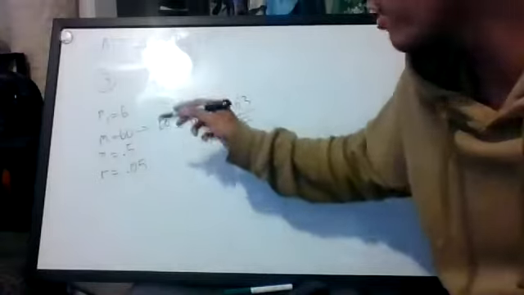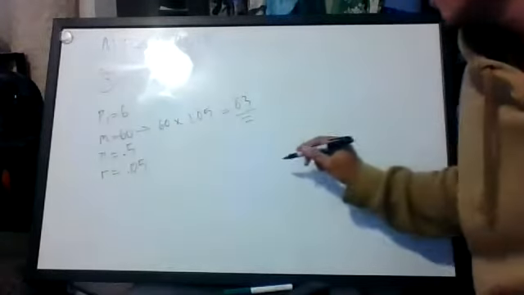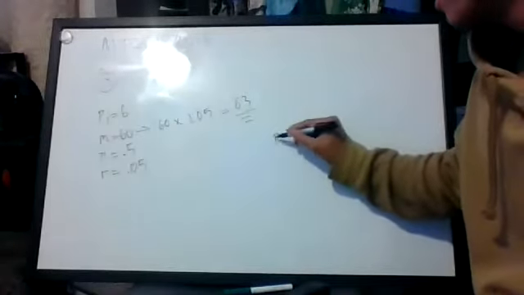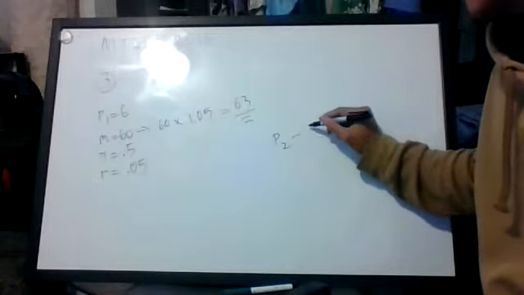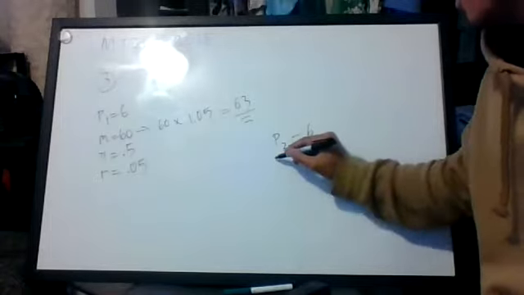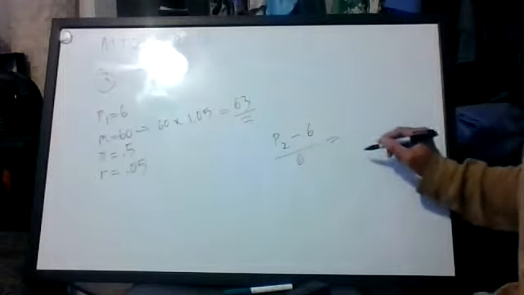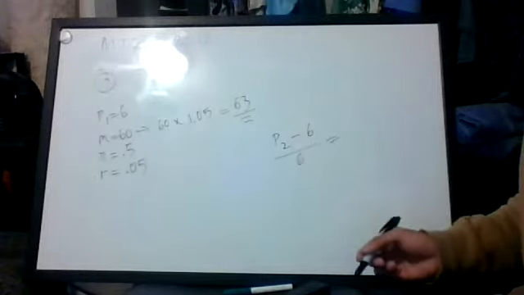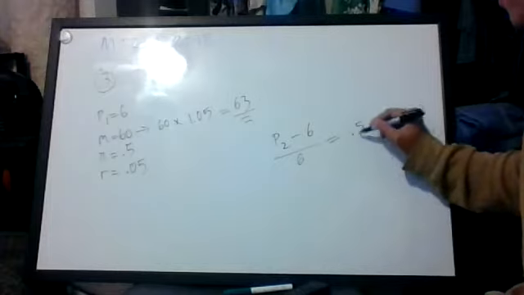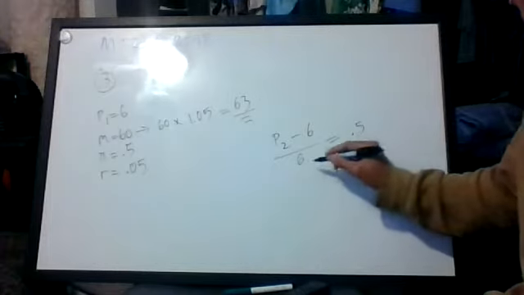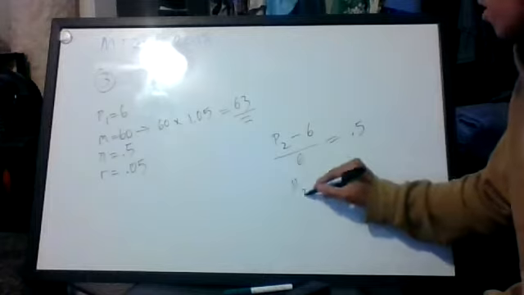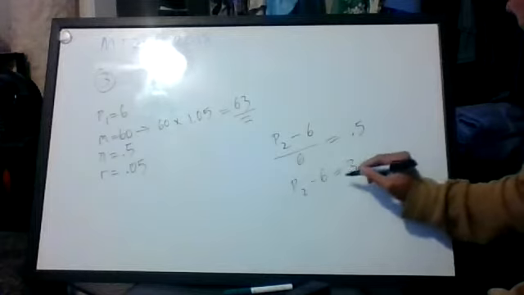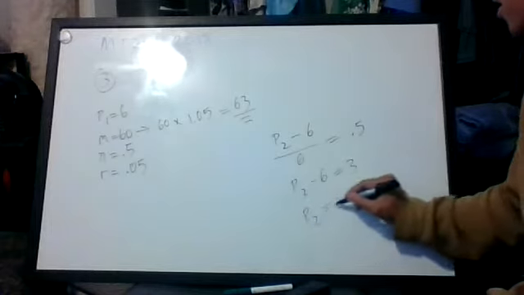And we're given that the inflation rate is 50%, meaning that (P2 minus 6) over 6 is equal to 50%, right? So 0.5. So you multiply this by 6, P2 minus 6 is equal to 3, so that P2 is equal to 9.